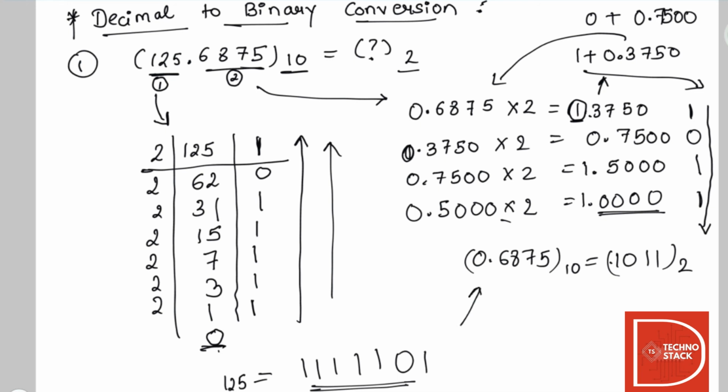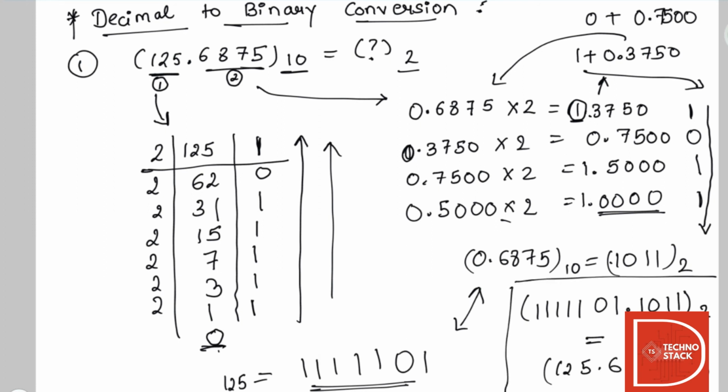We connect this to the entire binary, which becomes 1111101.1011, equal to 125.6875 in decimal. I hope you understand this example of decimal to binary.